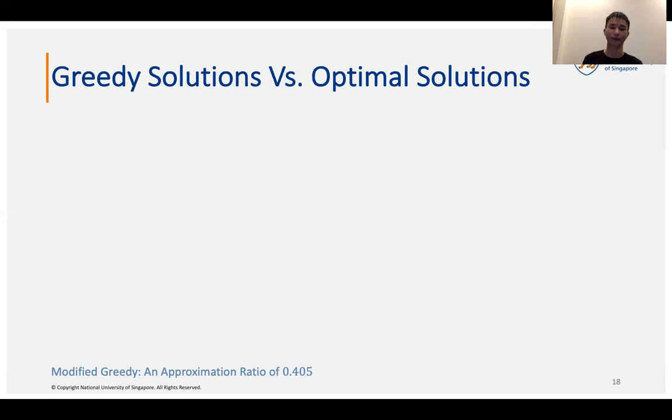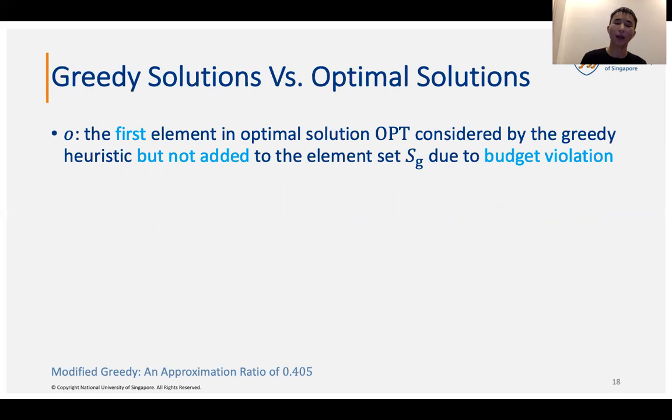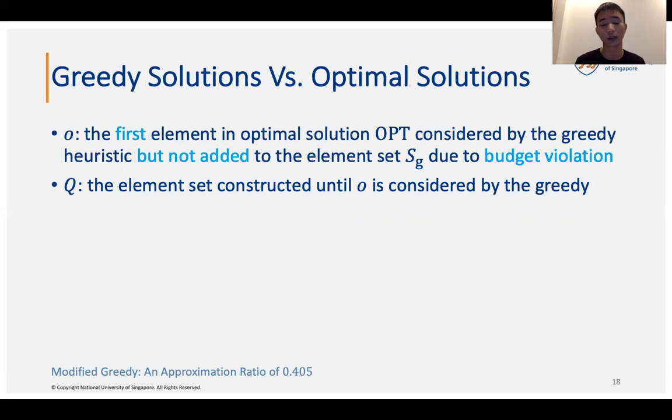Here are our thoughts. First, we consider the solution Q, which is the intermediate solution obtained during the greedy search. This Q is the solution we construct before we first consider an element in OPT but not added to SG due to the budget violation.